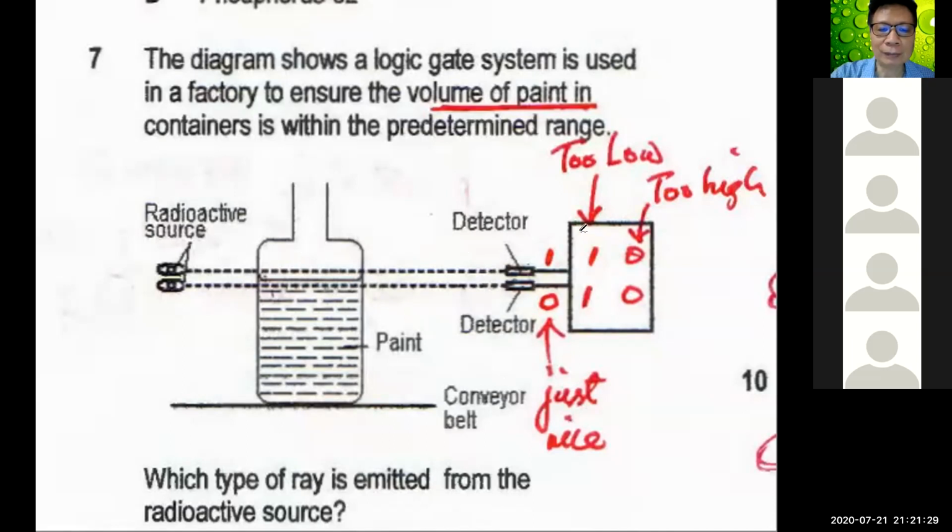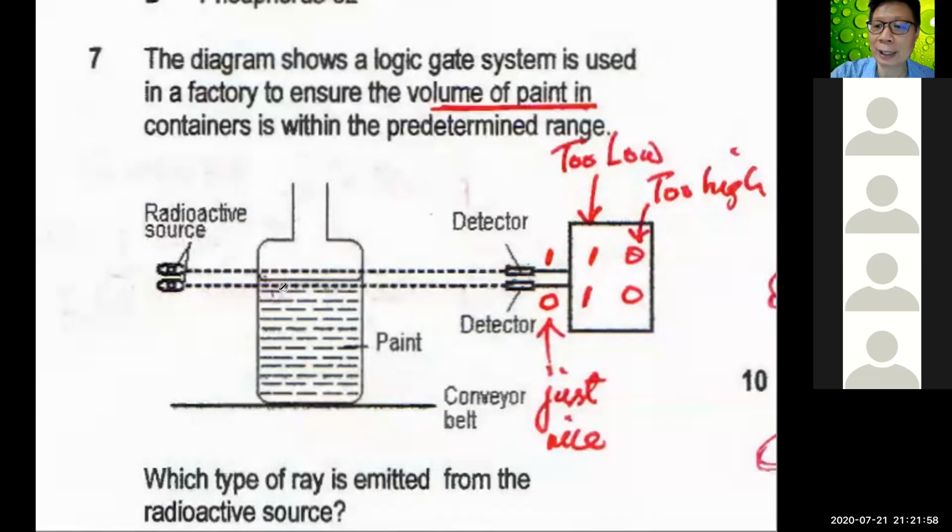What happens is, when the reading is 1, 1, it is too low; 0, 0 is too high. How to explain? 1, 0 is just nice, and 1, 1 means what? 1, 1 means here is 1, this also 1, which means the level is too low. Both have no paint to absorb, so both go through directly. So both become high. So 1, 1, the level is too low.